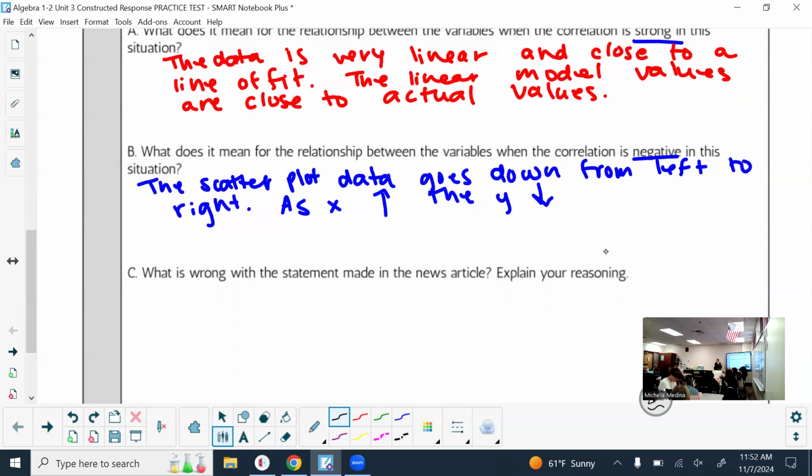Do you think actually the news article is right, that wolves cause the deer population to decrease?